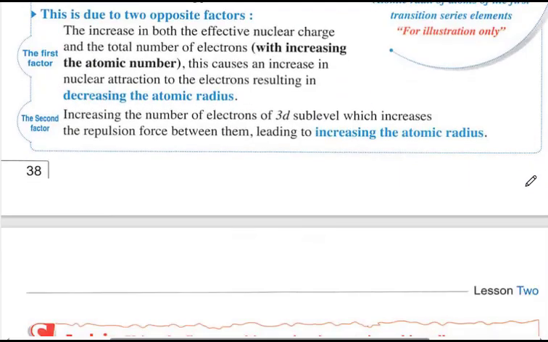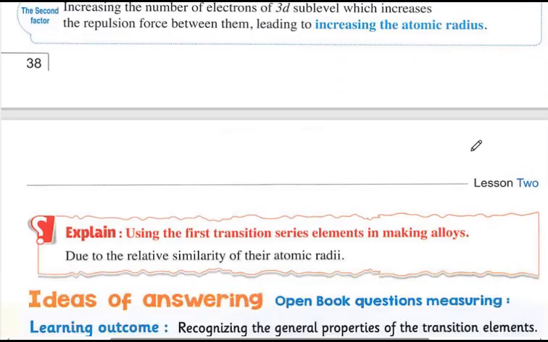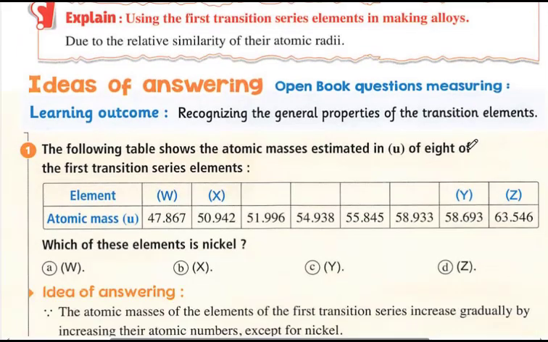Okay, so here let's have some examples. The following table shows the atomic masses, estimated in atomic mass units, of 8 of the first transition series elements. Which of them is nickel? As we have said, this 63.5 is copper, and the element which precedes copper is nickel.